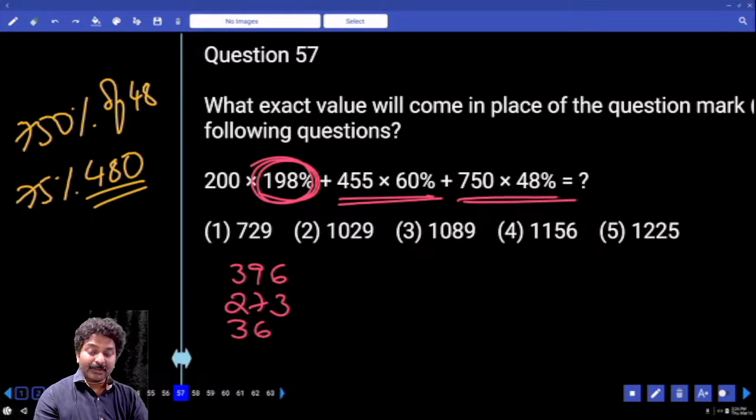Total 360. Last digit: 9 plus 7, 16. 16 plus 6, 22. Then 300, 300, 600 plus 200.